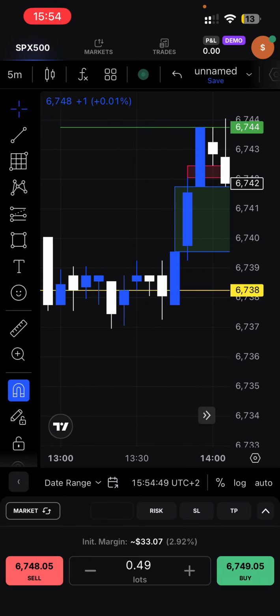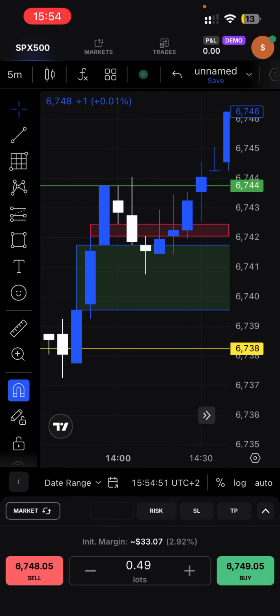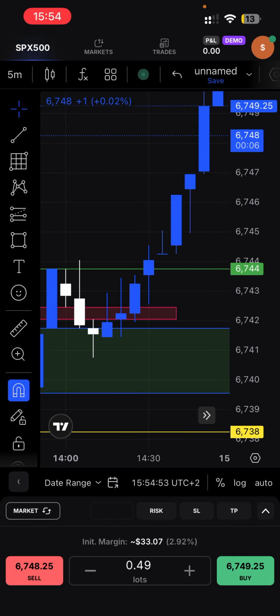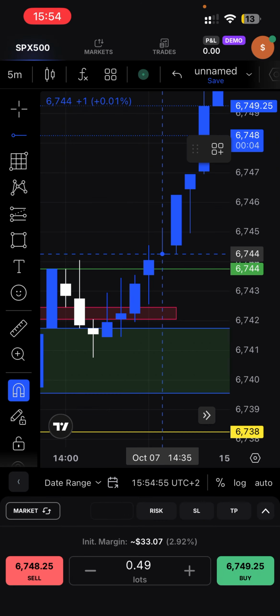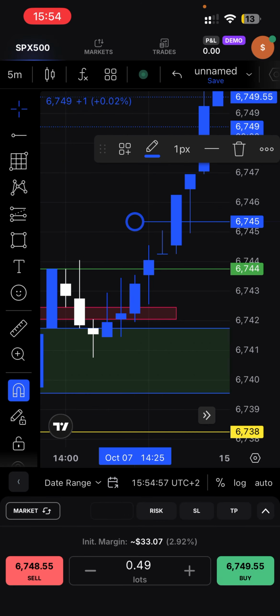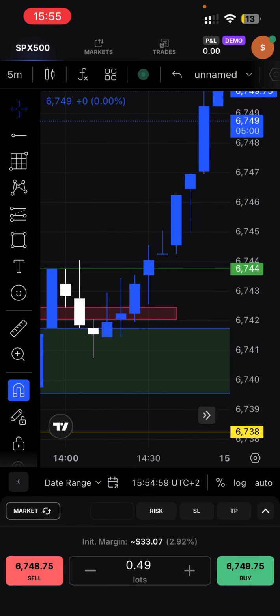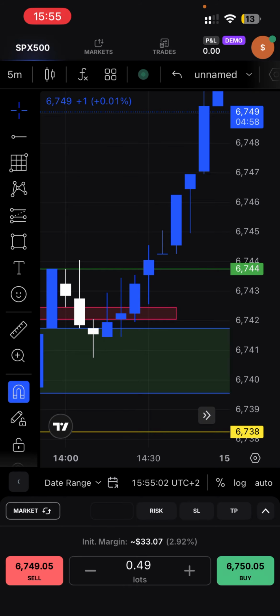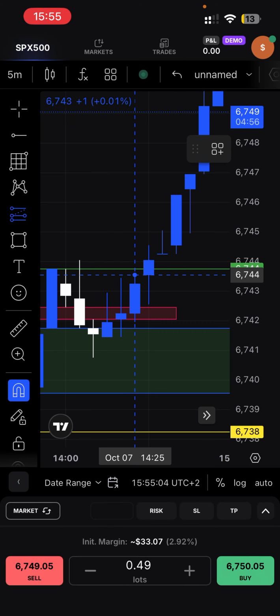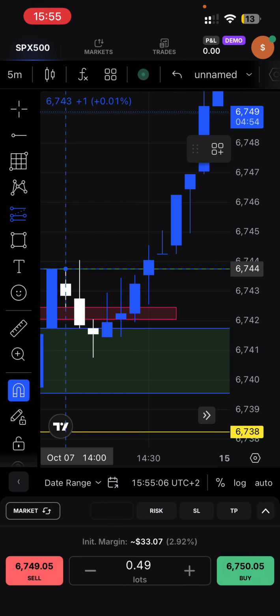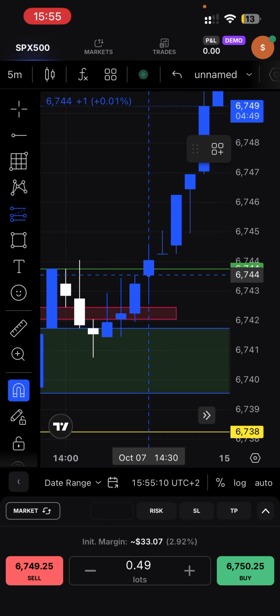I could have entered pretty much right here. Oh, wait, instead of a line, let me just do the full position. So I could have gone a long position right here.